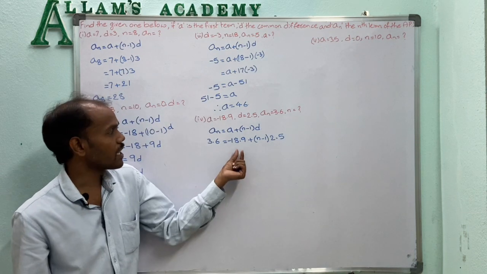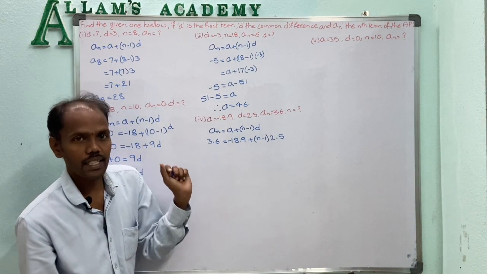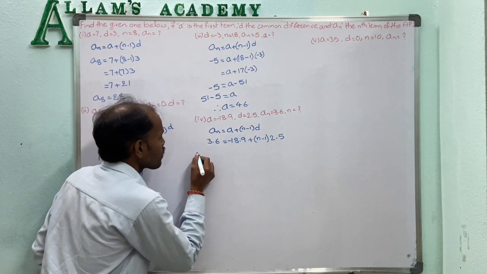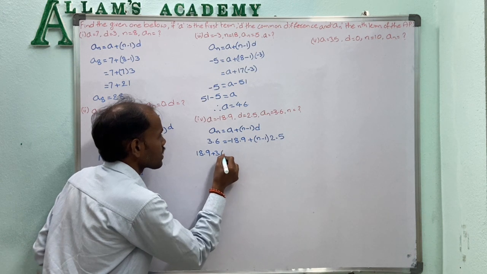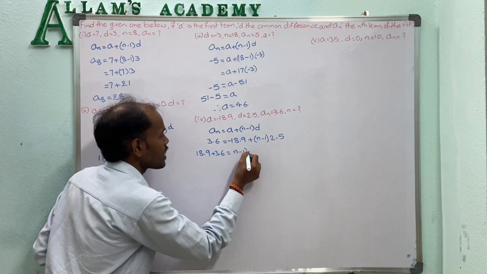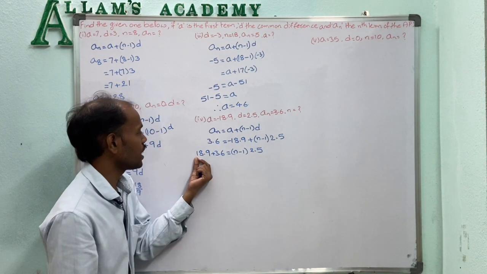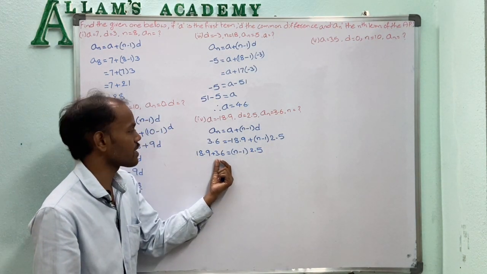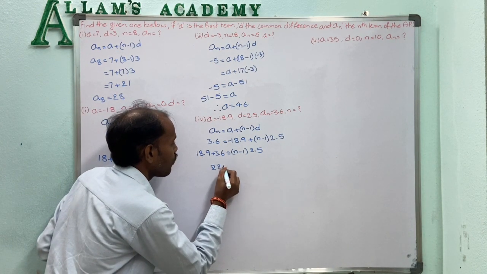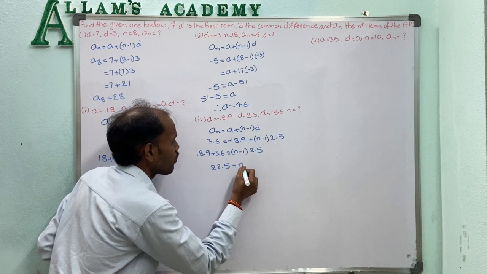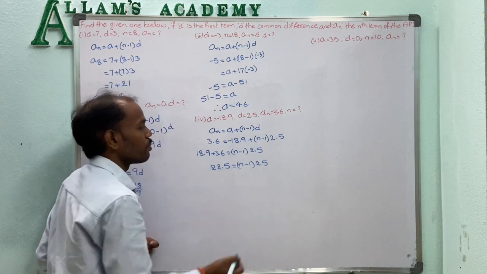Now this minus 18.9 transfers to this side as plus 18.9. So 18.9 plus 3.6 is 22.5. So 22.5 is equal to n minus 1 into 2.5.